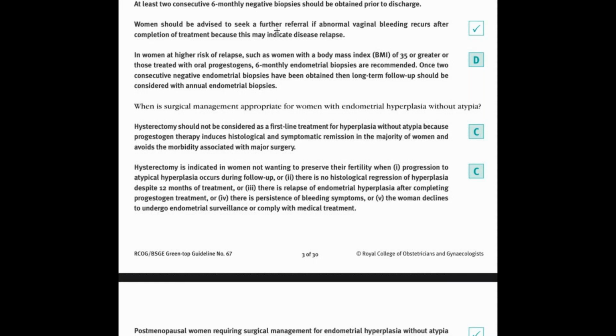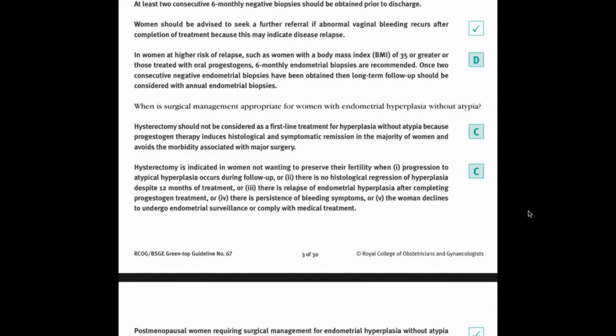Now, there are indications for a hysterectomy in endometrial hyperplasia without atypia. One, hysterectomy is indicated in women who do not want to preserve their fertility when progression to atypical hyperplasia occurs during follow-up. So that's why you're going to follow them up.